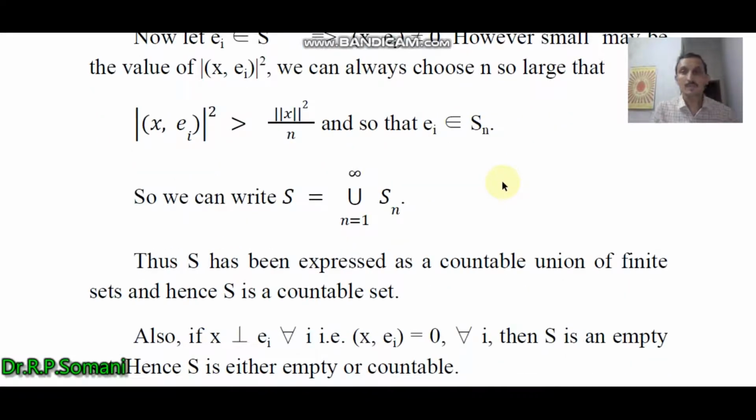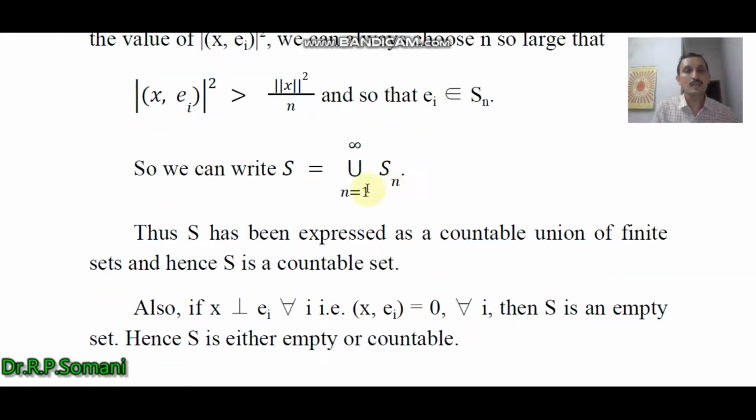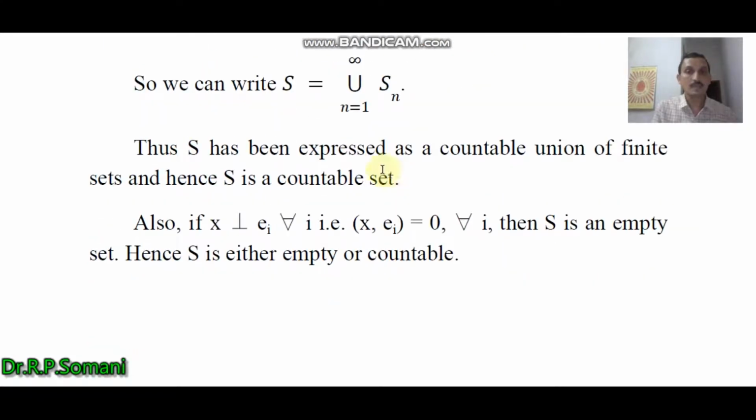So in this way we can write that S is the union of Sn, n varying from 1 to infinity. Thus S has been expressed as a countable union of finite sets, and hence S is a countable set.